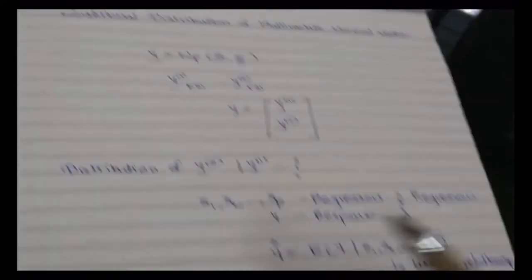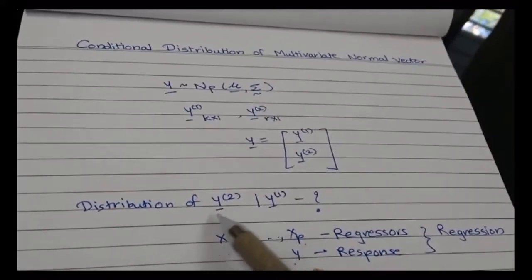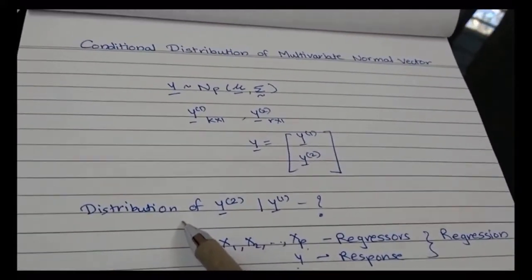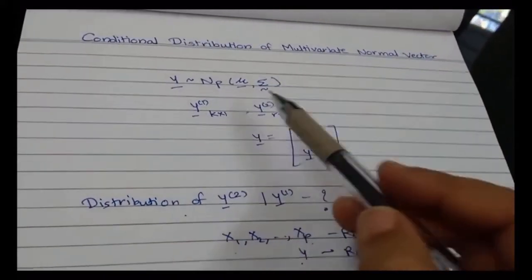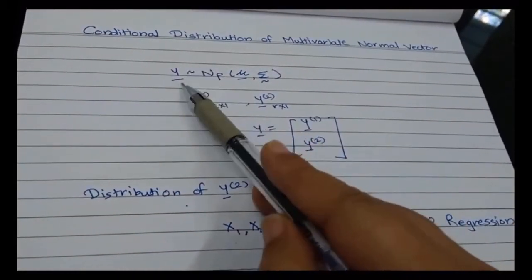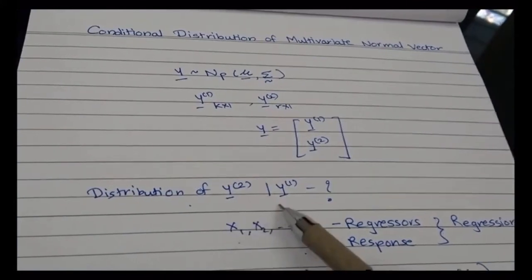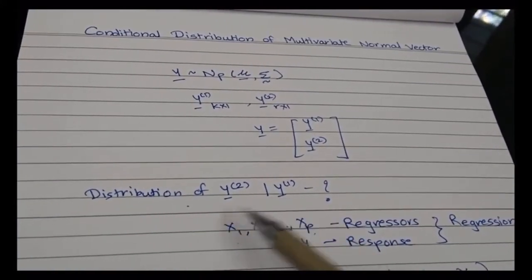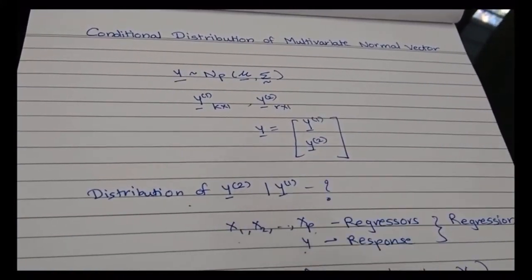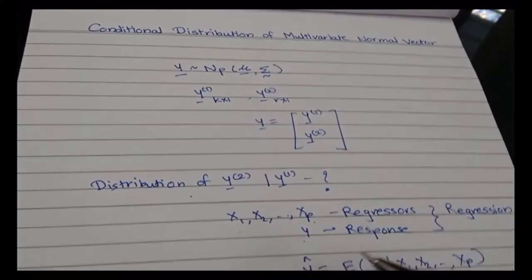If I want to go for a multiple response scenario, then I would need this. So if I know that all my components are normal and the joint distribution is also normal, and if I want to predict a few components using knowledge about some other components, then I am going to need the conditional distribution of y2 given y1. So we will try to derive that today.